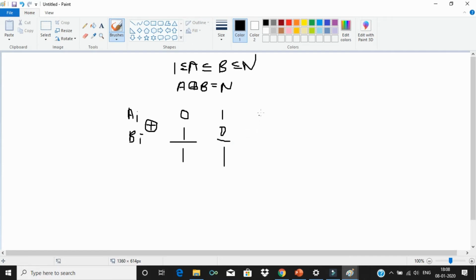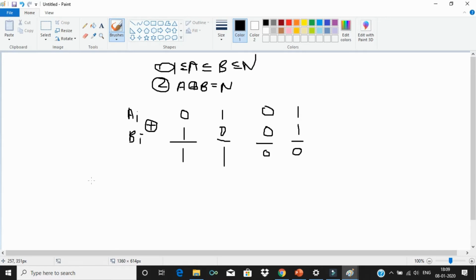But if these are similar bits, like 0 0, it will be 0, and for 1 1 it will be 0 again. This is what we know about the XOR operation. So we want A to be minimal such that these two properties are satisfied. Let us say this is property 1 and this is property 2.